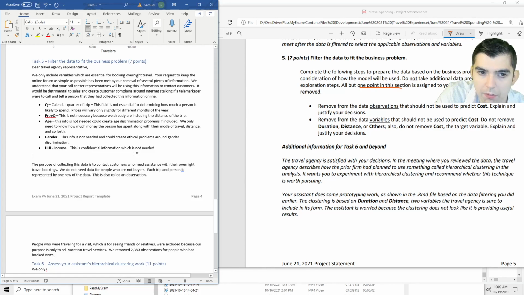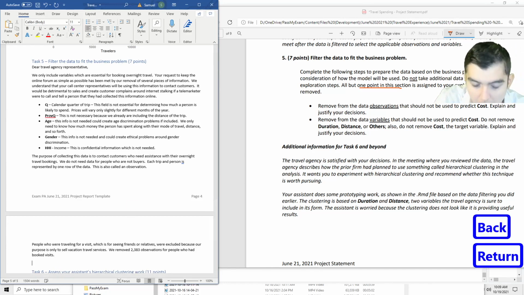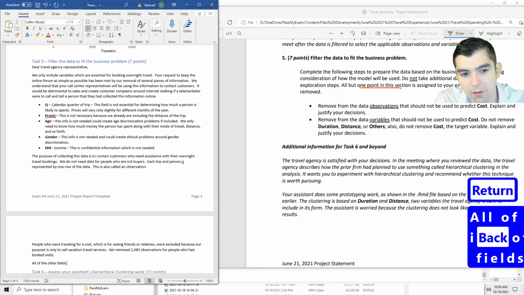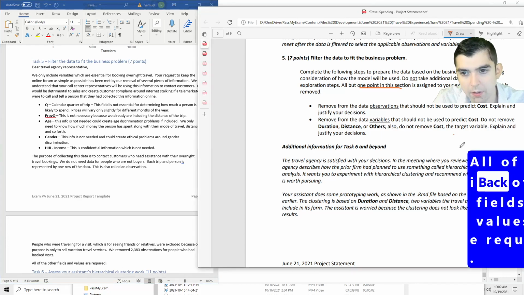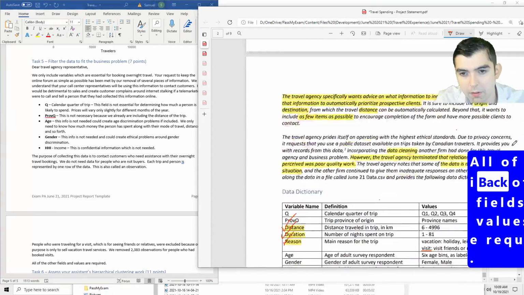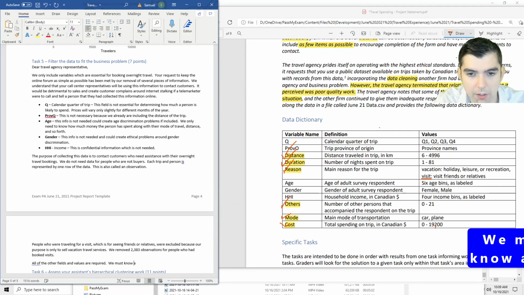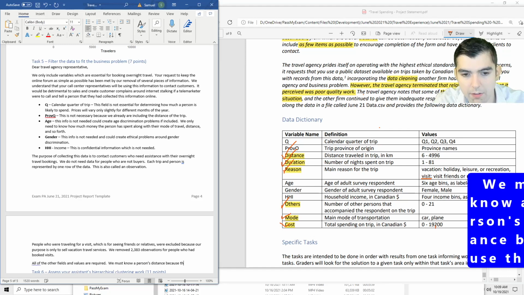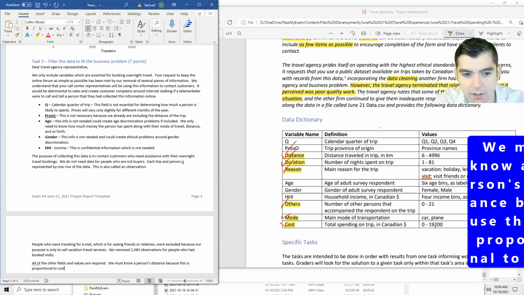Explain and justify your decisions. Yeah, so we did that. The other, so I would just maybe justify the other info. All of the other fields and values are required. We must know a person's distance because this is proportional to cost.